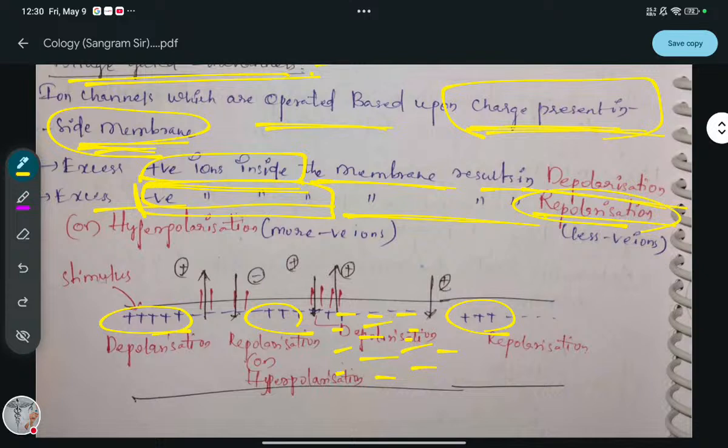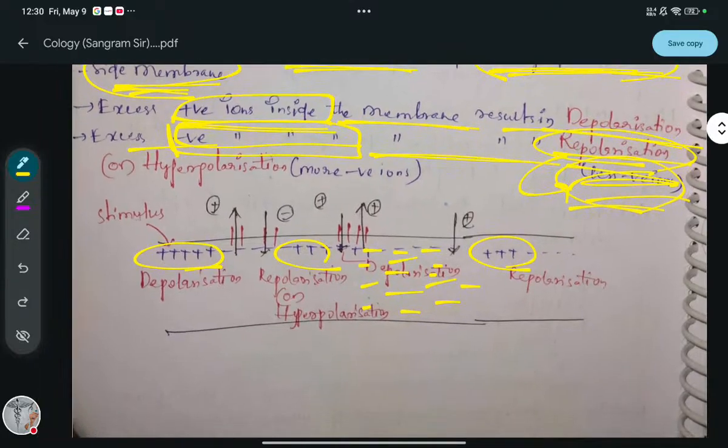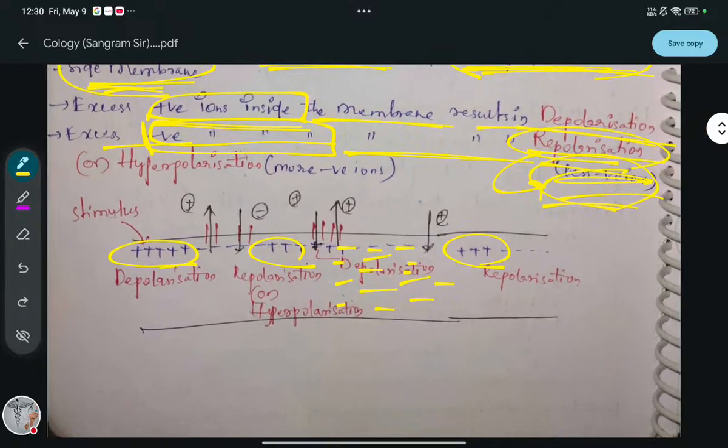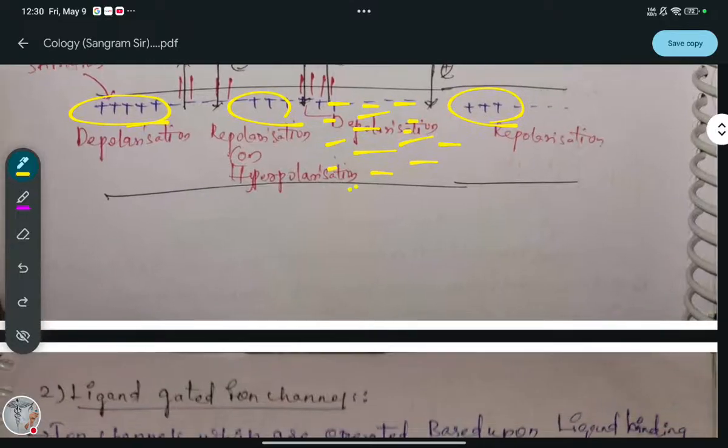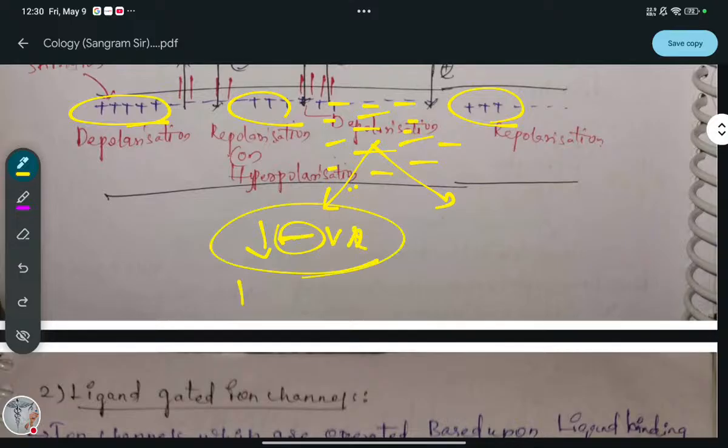During repolarization, fewer negative ions will be there. Repolarization and hyperpolarization are both dependent on the negative charges. If less negative charge is there, it will cause repolarization.